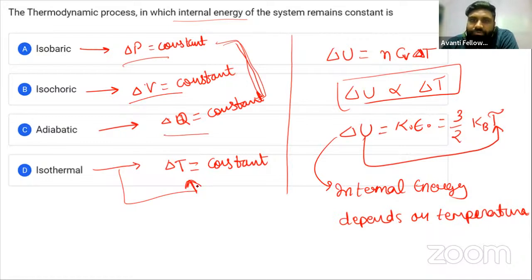So if temperature is not changing, the internal energy will also not change, because internal energy depends on the temperature. So according to the question, the thermodynamic process in which internal energy of the system remains constant is isothermal, because in an isothermal process there is no change in temperature. It results in no change in internal energy. So internal energy will remain as it is, because the temperature is not changing.